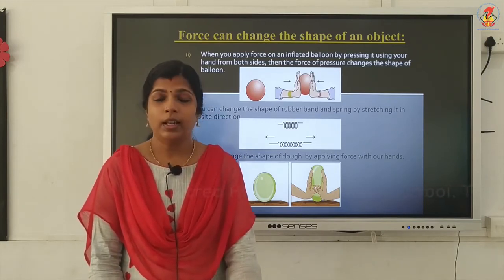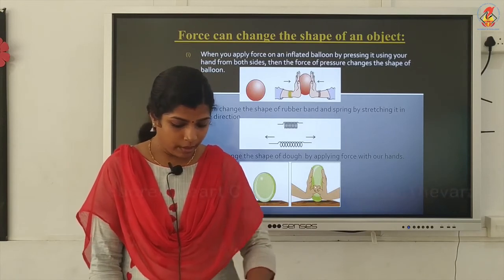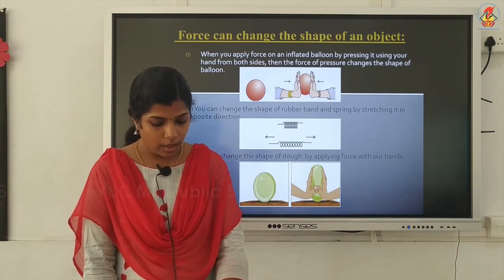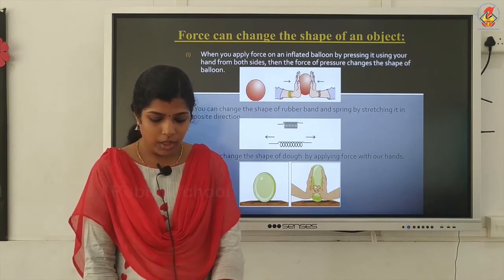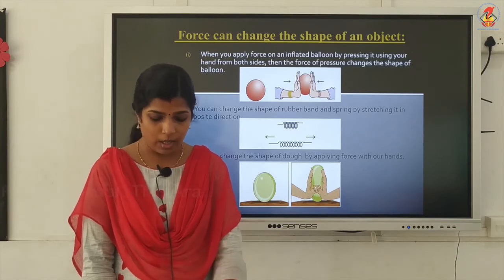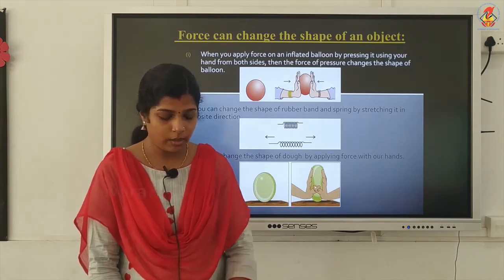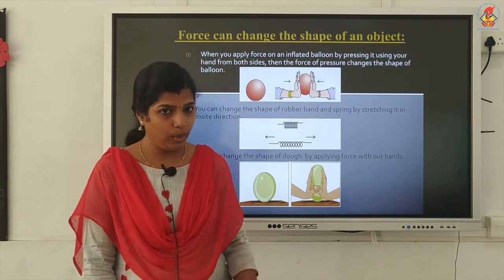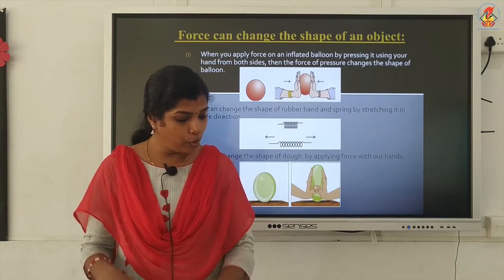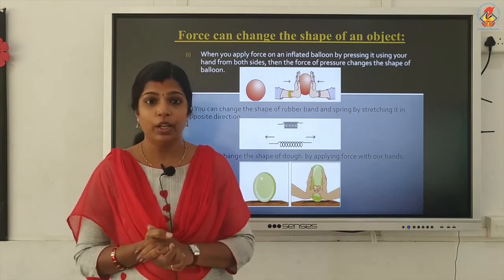133, activity 11.5. Study the effects of force on objects and whether a change in state of motion is there, whether a change in shape is there, that you have to put a tick mark. Read the activity and do it. Then underline those points, 4 or 5 points are given in your textbook.